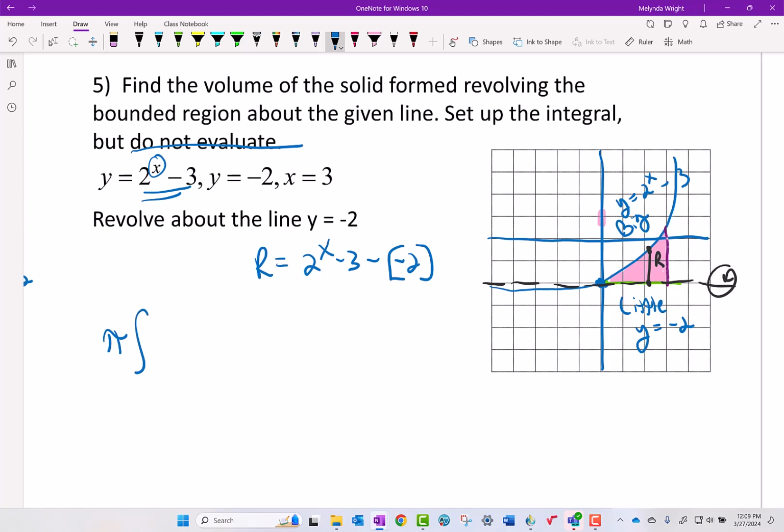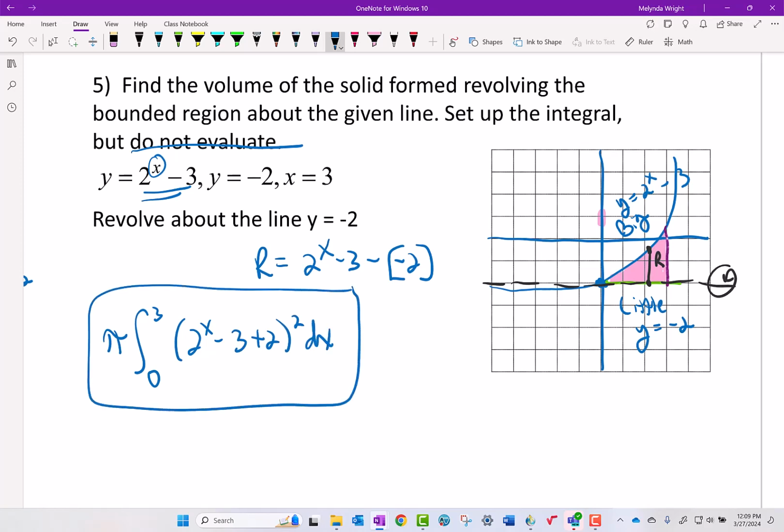I think it's pretty clear what my x bounds are. Are y'all okay with that? That x is 0 and then x is 3? Okay, we go from 0 to 3 of 2 to the x minus 3 plus 2 squared dx. And again, I'm just going with my normal pattern of not combining like terms unless I'm doing it by hand.